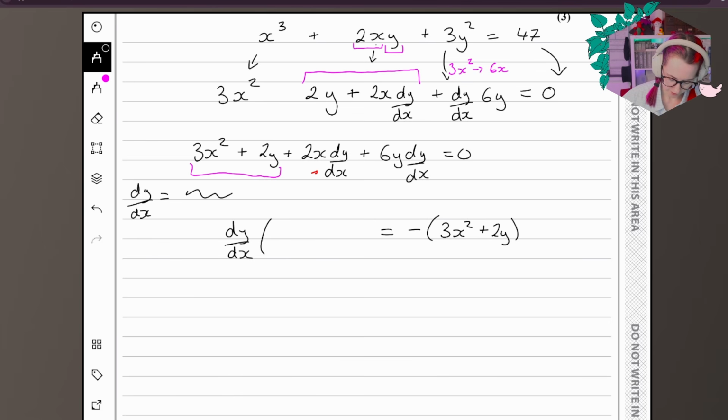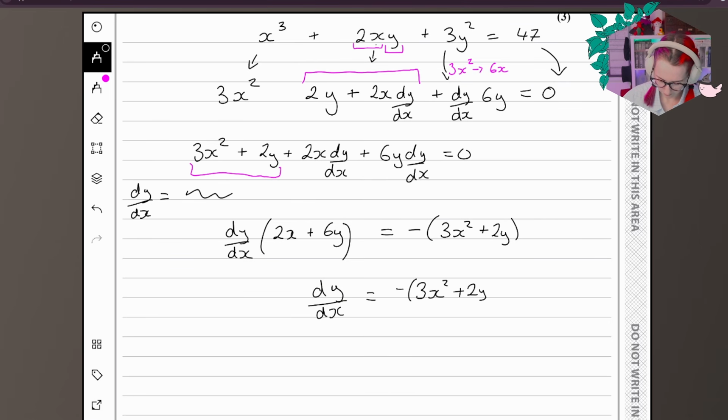Factoring it out from the first expression gives us 2x, and from the second expression gives us 6y. Final thing we need to do is divide by 2x plus 6y. So we have dy/dx is minus (3x squared plus 2y) over (2x plus 6y). So that is our expression for dy/dx.